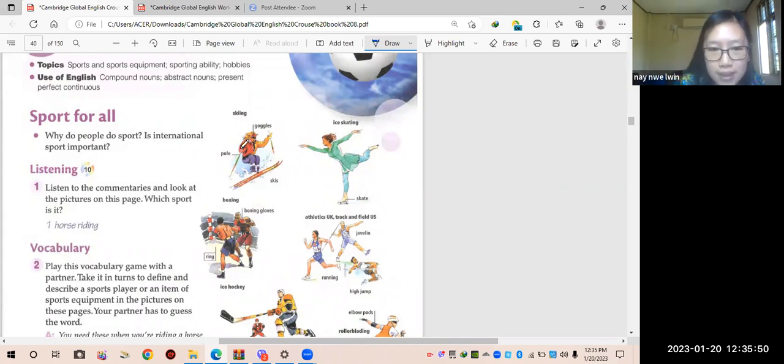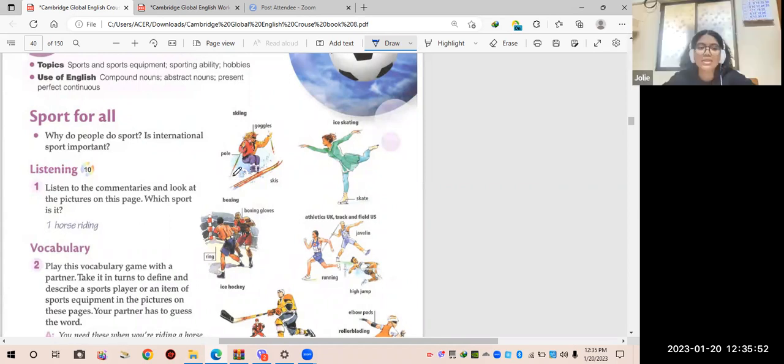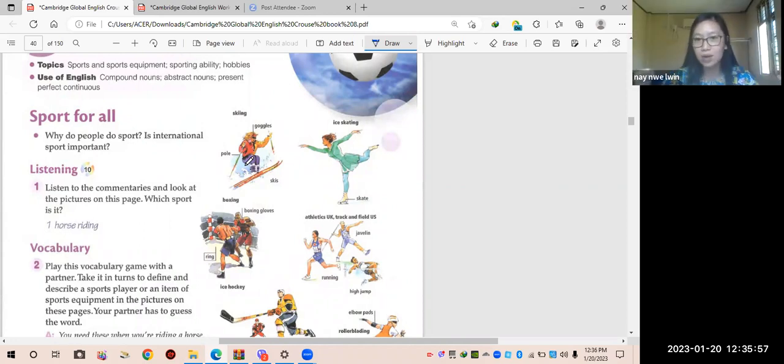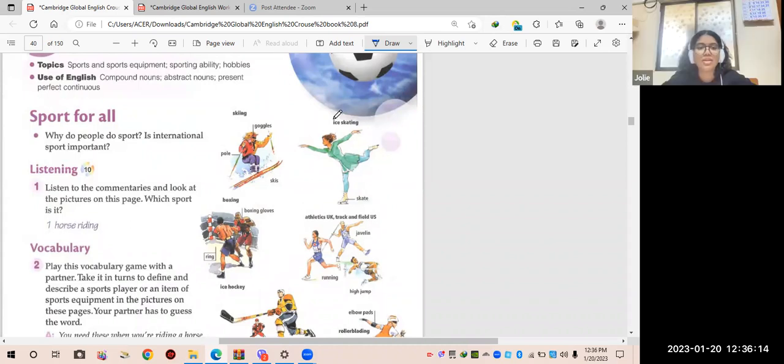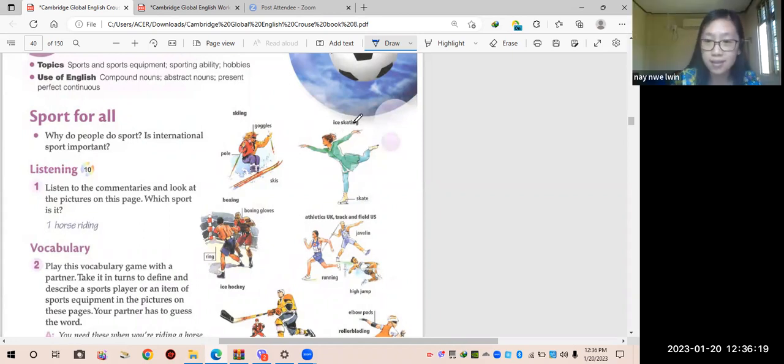And how about the pole? What is that? You can see a stick here, a stick to keep balance while you're skiing, yes. And skis, you know that one, right? So there are skis, a pole, and goggles. You need all these things if you want to try skiing. So how about this one? Ice skating. It looks difficult, right? There are ice skates.